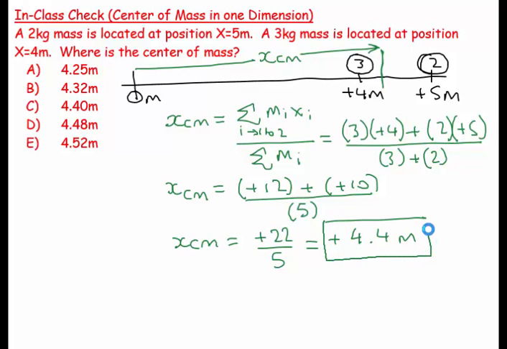So it is positioned between the first mass and the second mass, as we expected. And as we expected, it is closer to the heavier, more massive mass. So it's closer to the 3 than it is to the 2. If this is the halfway position, it's closer to the 3 than it is to the 2.